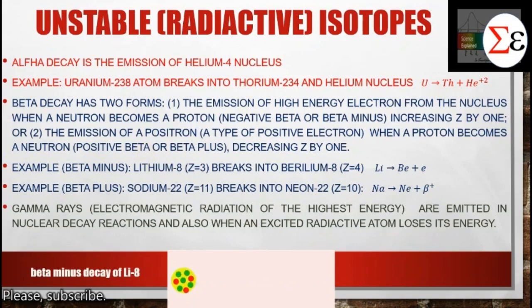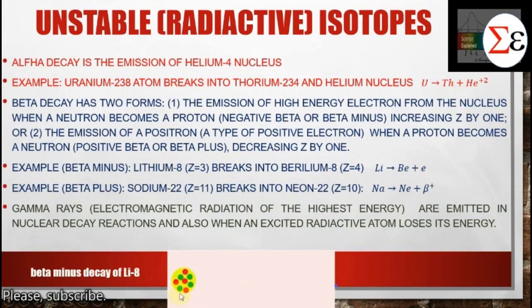For example, of beta minus, we have lithium-8. Lithium-8 breaks into beryllium-8, where the Z goes from 3 to 4, and emits an electron. This is the example of this animation.